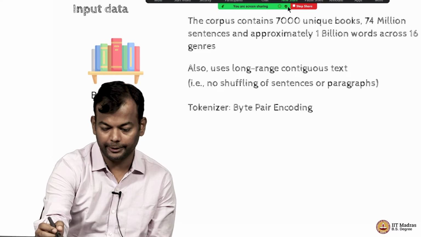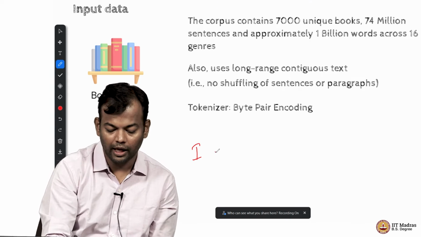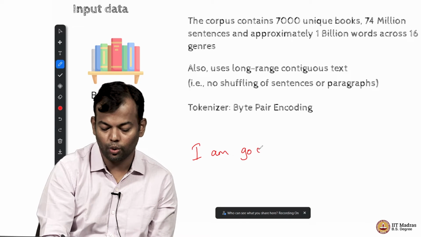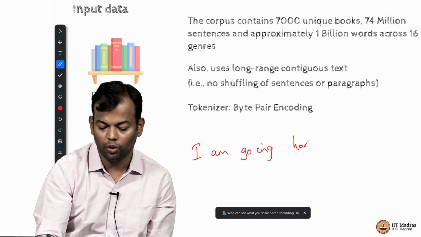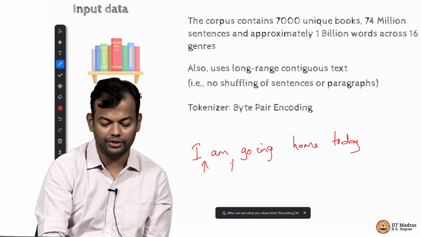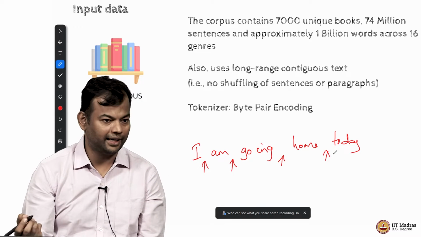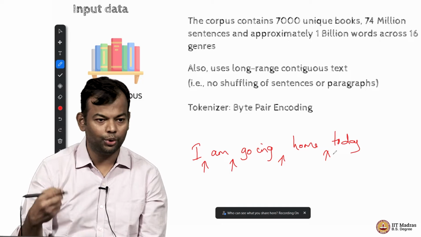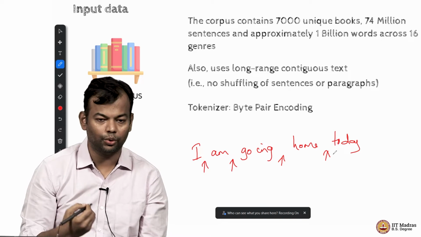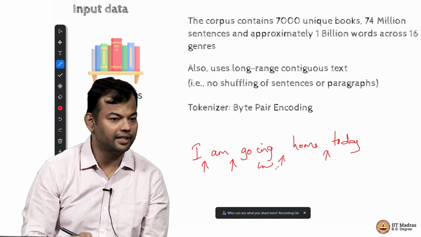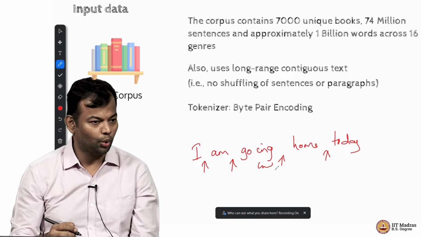So if I am saying "I am going home today", then a simple tokenizer is that wherever you see a space, you take that as a token, right. But you could do something more interesting, like you could think of frequent suffixes like "ing" as separate tokens themselves.